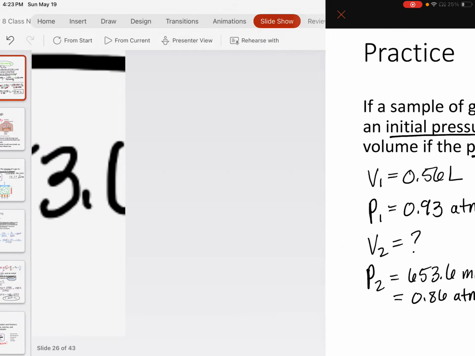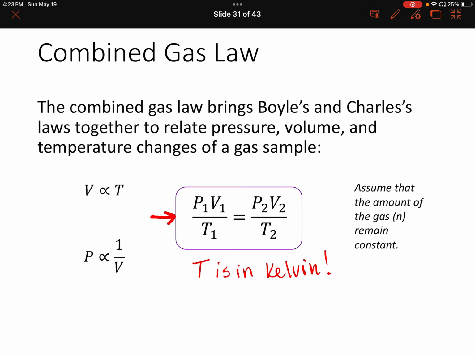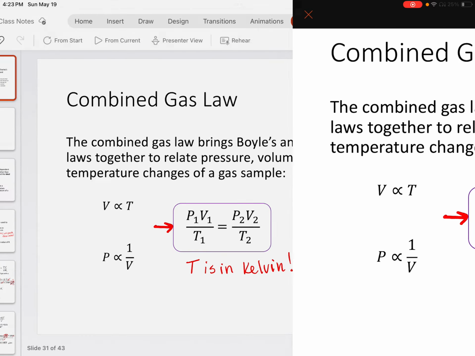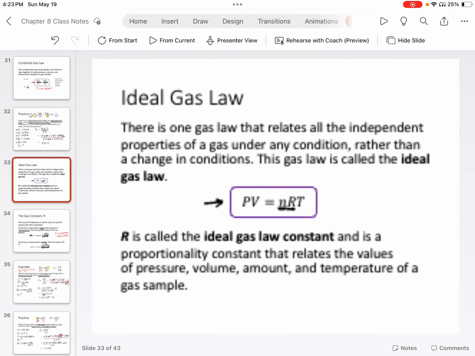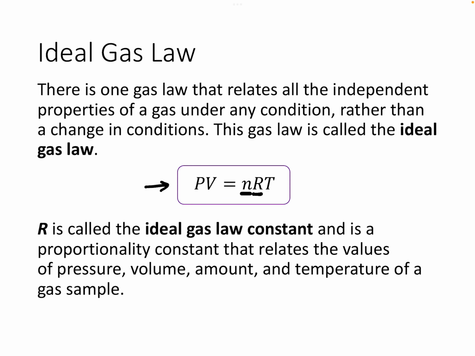And then we went over the combined gas law. If you're given pressure, volume, and temperature for an initial state and a final state, you'll know to use the combined gas law. And then finally, with the ideal gas law, if you're given pressure, volume, amount, and/or temperature, you'll know to use the ideal gas law.